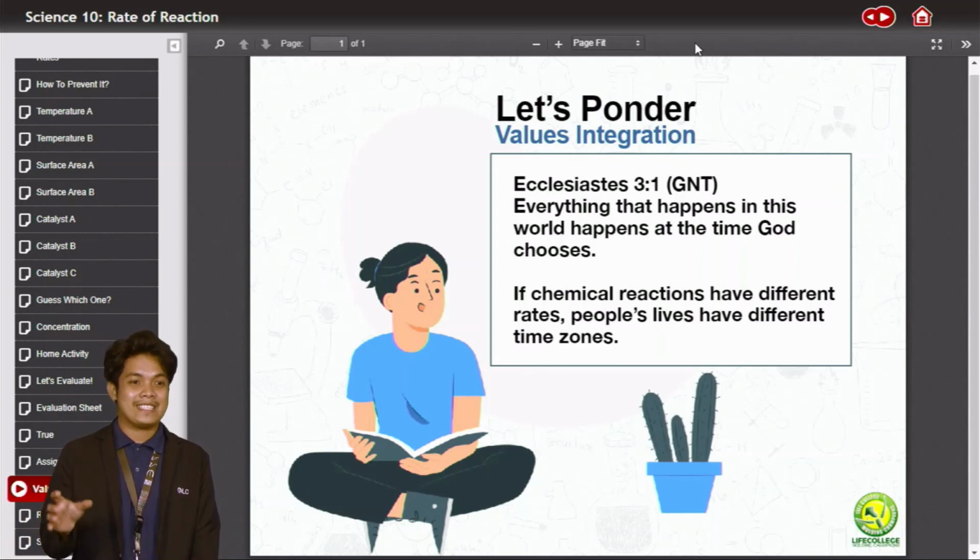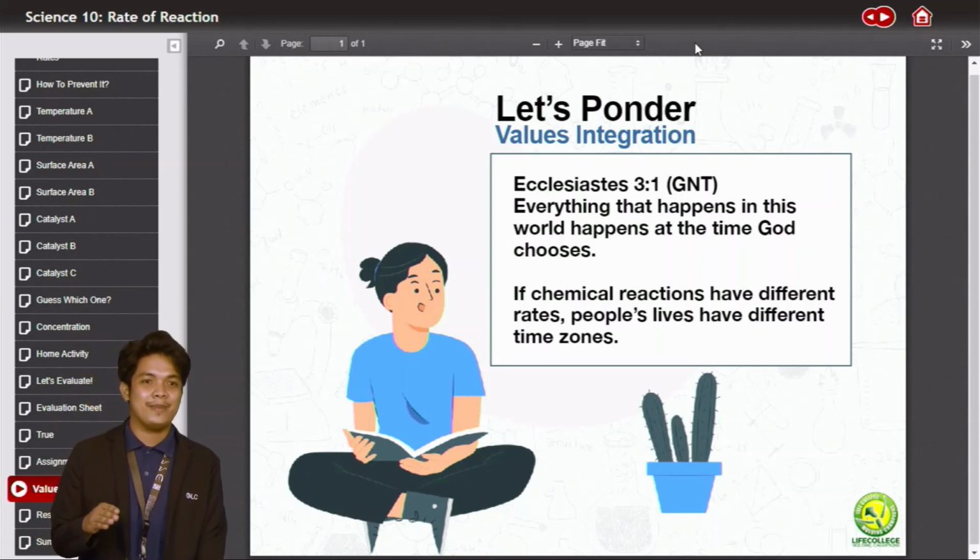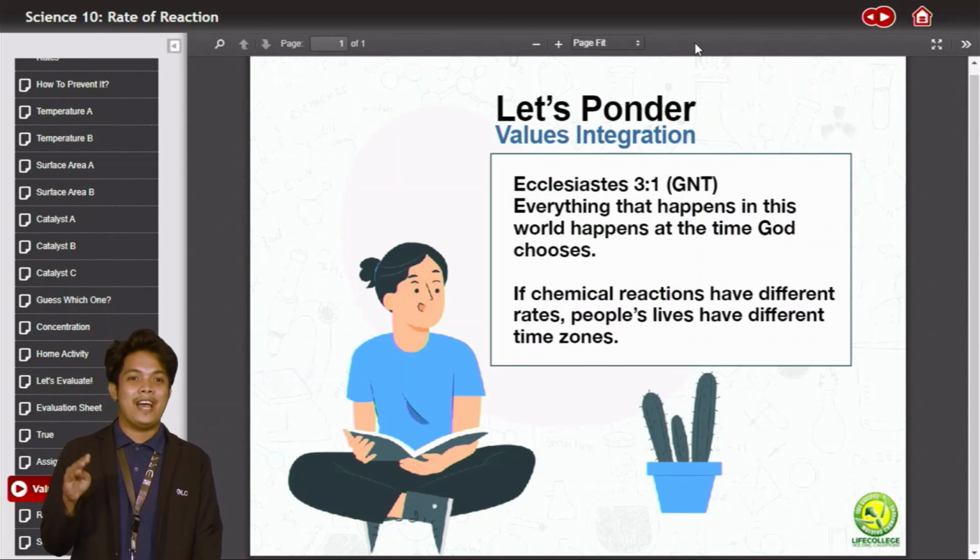Everything has its time and God chooses the timing. That's why chemical reactions have different rates, because everything in this world happens at the time God chooses. You will know the importance of it when you do the assignment.